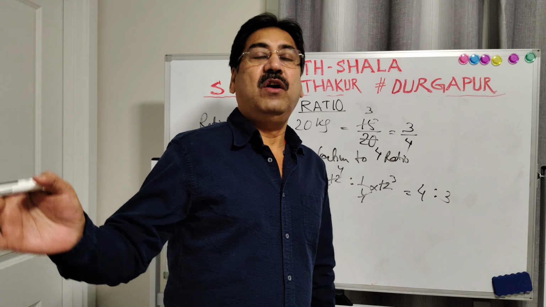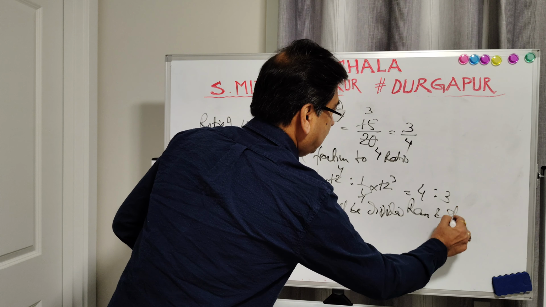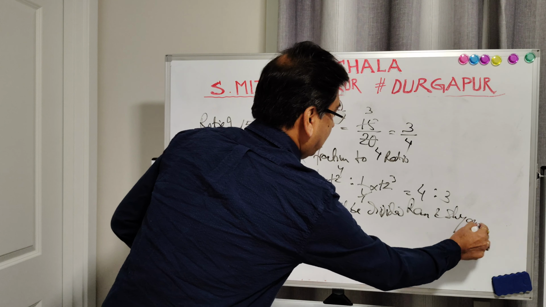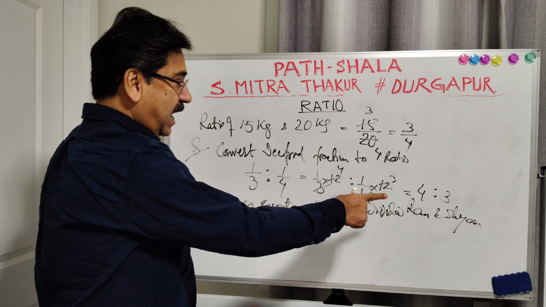Suppose you have 260 sweets, and they will be divided between Ram and Sam in the 2:3 ratio. How many sweets will Ram and Sam each get?